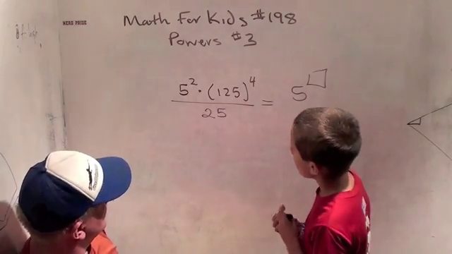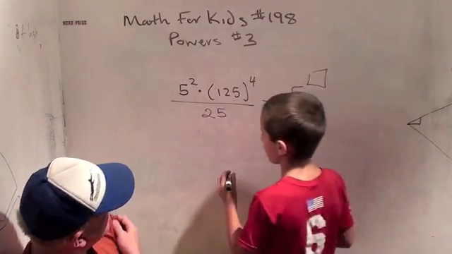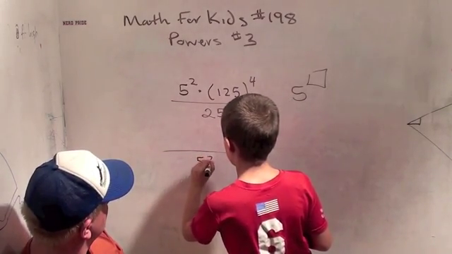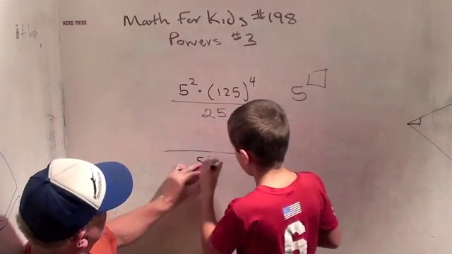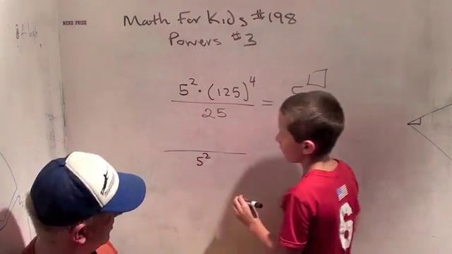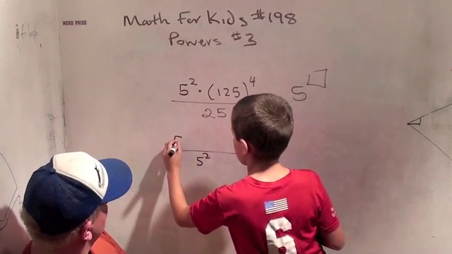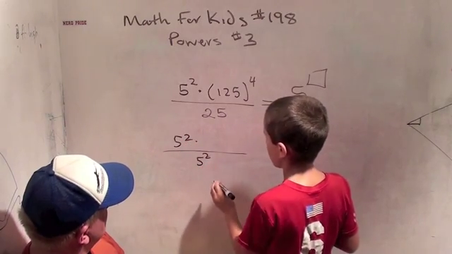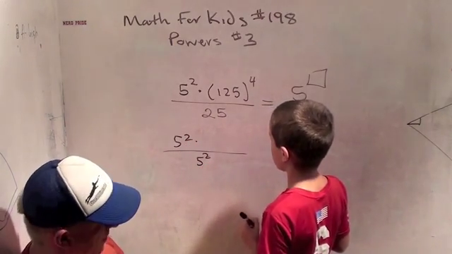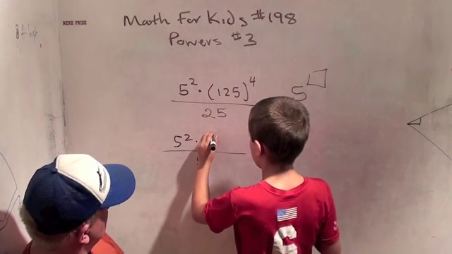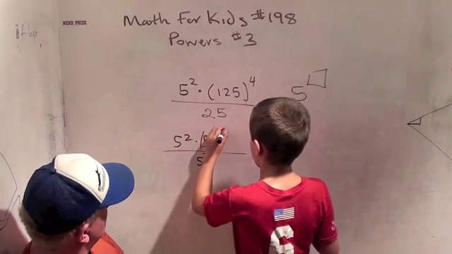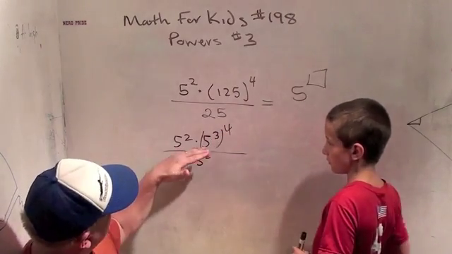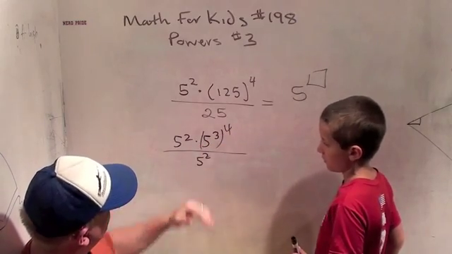Well, we can say 25 is 5 squared. Back up just a little bit. 5 squared times 125 is 5 cubed to the 4th. Okay, so I have 5 squared times 5 cubed to the 4th divided by 5 squared.